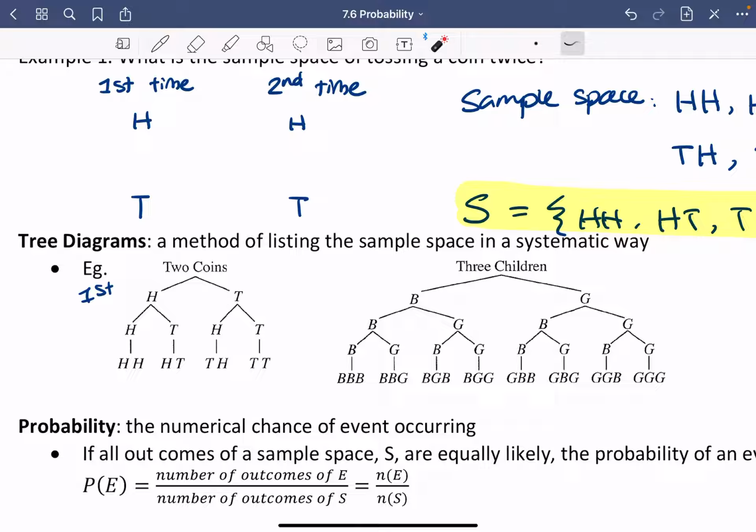For the first coin, or the first time, you can have two possibilities, a head or a tail. Now this is the second coin or the second time. If the first time is a head, then the second time could be a head or a tail. If the first time was a tail, then the second time you can still have a head or a tail. So in the end, these are your sample space.